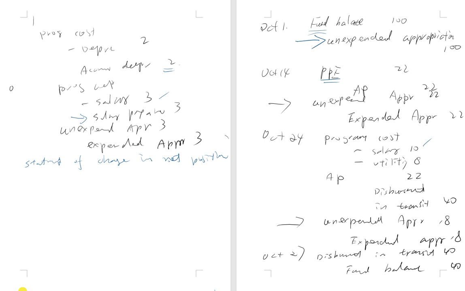Basically, we can show the receipt and the usage of the budgetary financing, and then the change in net position.